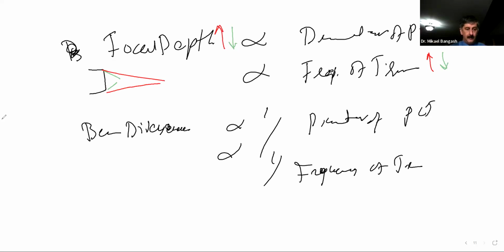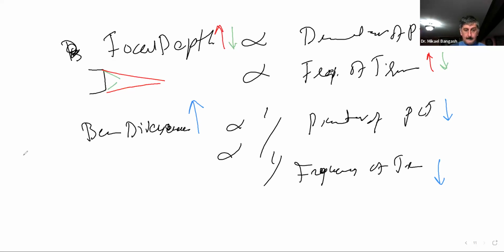The divergence of the beam and its relationship to these two factors is inversely proportional. If we have a smaller PCT or a transducer with a lower frequency, that's going to be a greater divergence of the beam. Where does that occur? In your far zone. Clear?